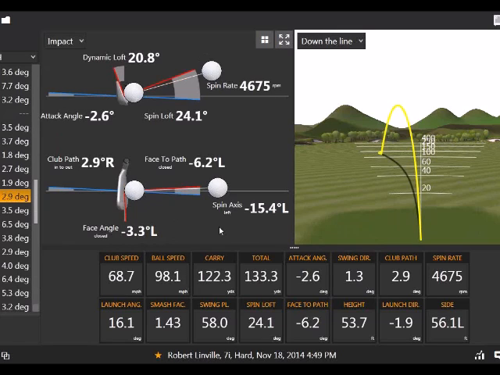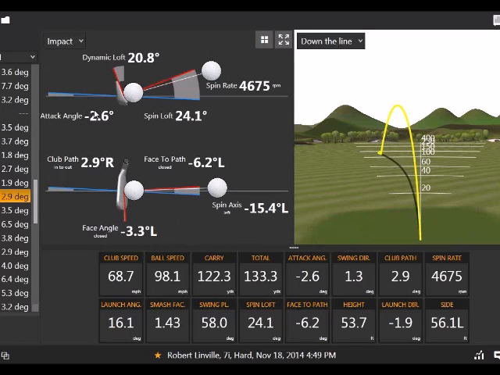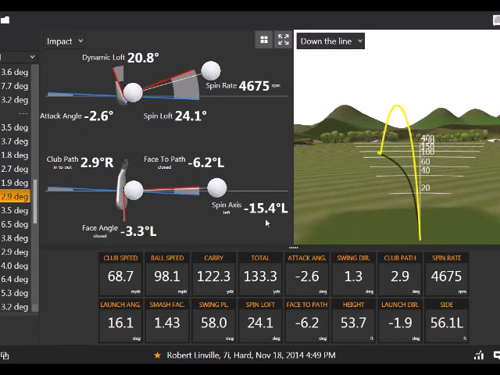If we look at the numbers, swing plane, not a lot of difference. We can see the club path is still going out to the right, and the attack angle is negative, not as big of a negative, but it still skews it a little to the right. But look at this ball spin tilt of 15.4. So this is a big pull hook.